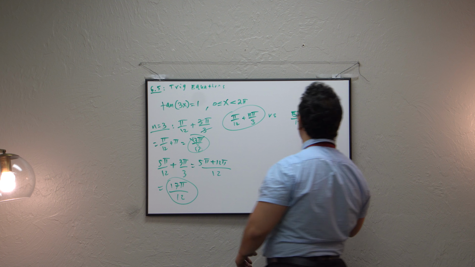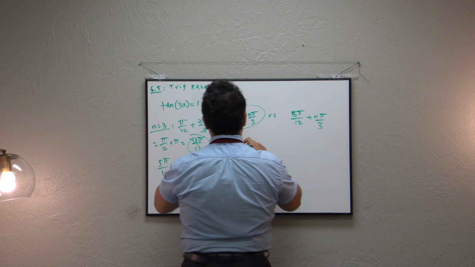Okay? So for the next one, n equals 4, we'll just plug it into this. So I'll get 5 pi all over 12 plus 4 pi all over 3. Multiply top and bottom by 4, and I get 5 pi plus 16 pi all over 12.